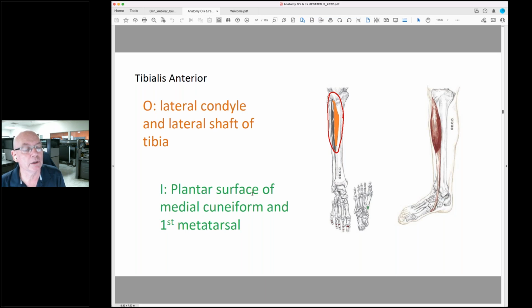And then plantar surface of the medial cuneiform and first metatarsal. All right. So once again, out here on the lateral side, coming around to the medial side of the foot, right here, coming to underneath the foot, plantar surface, medial cuneiform, and first metatarsal.